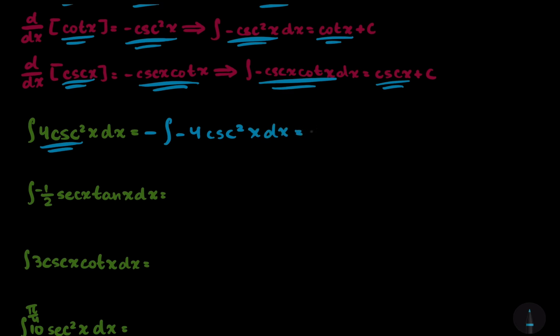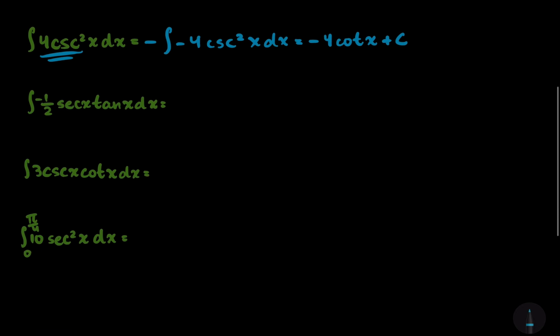And hence that's equal to negative 4 cotangent of x, and then we have the plus c. We just did a little bit of manipulation here. We multiplied and divided by -1, which is totally valid because they cancel out when we bring the -1 into the integral, and we ended up with -4 cotangent of x plus c. I encourage you to take this derivative to see that it becomes 4 cosecant squared of x.